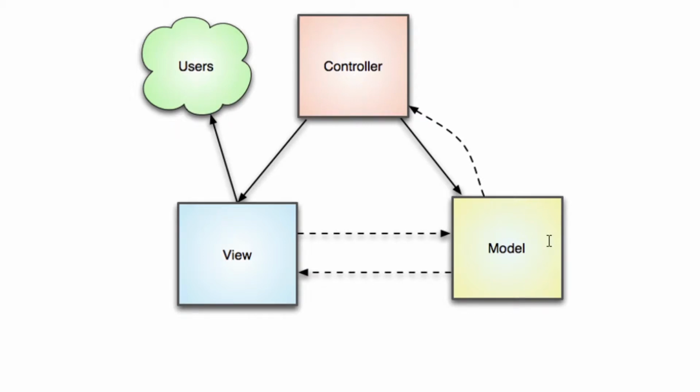The data, the model, is your data. The view will pull information from the model as requested by the controller to display what it needs to display, and the model will update as the view changes.